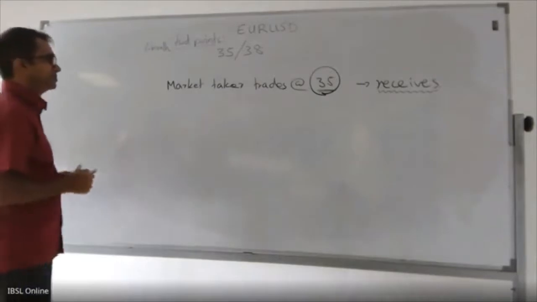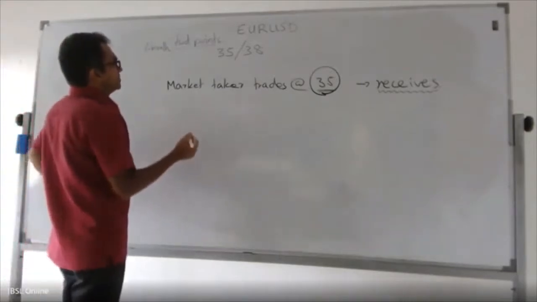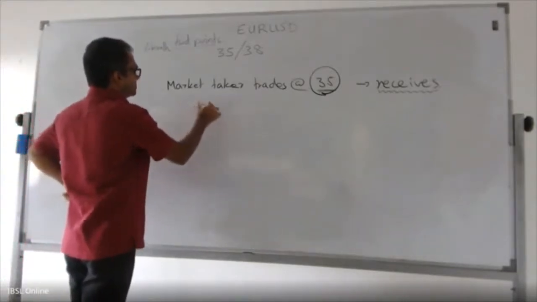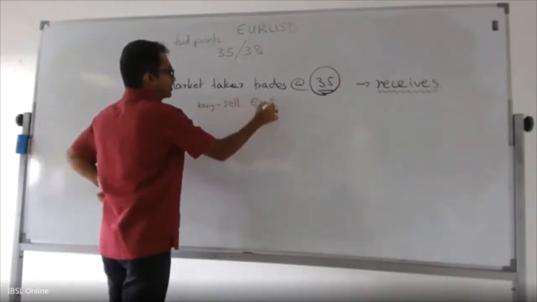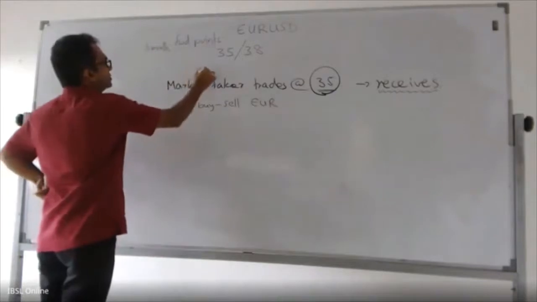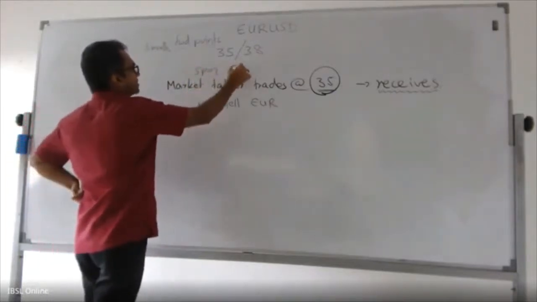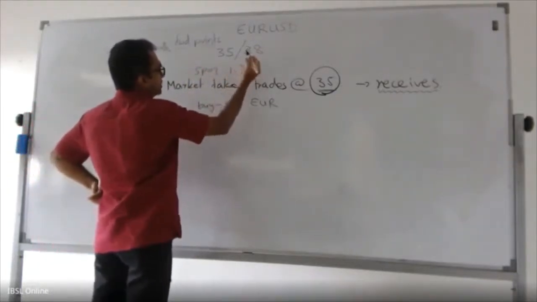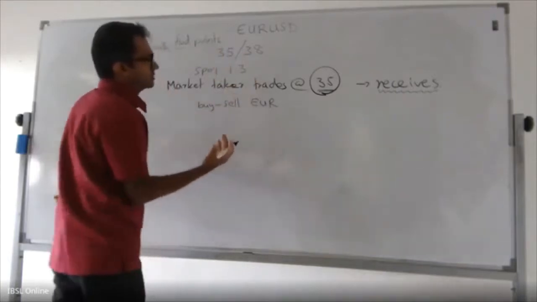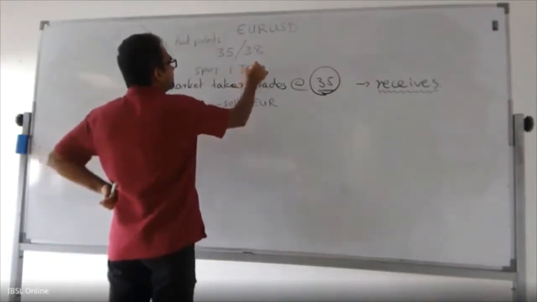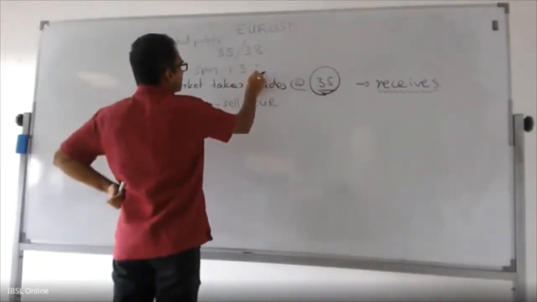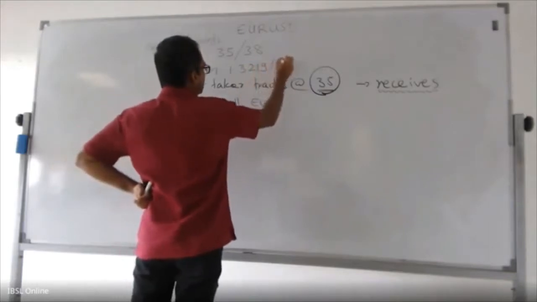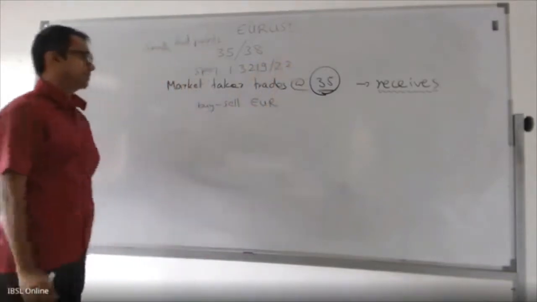Say this was a buy sell euro transaction. Assume spot is, I can't remember what the rate was, 1.3120.